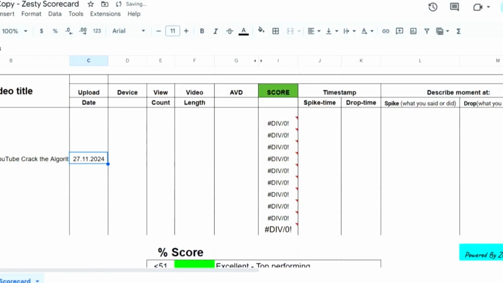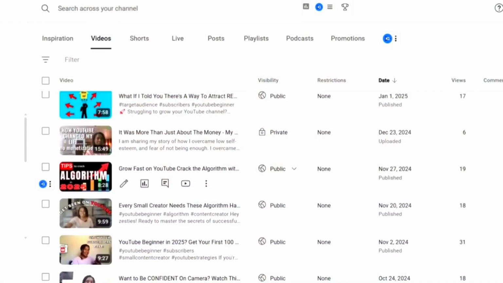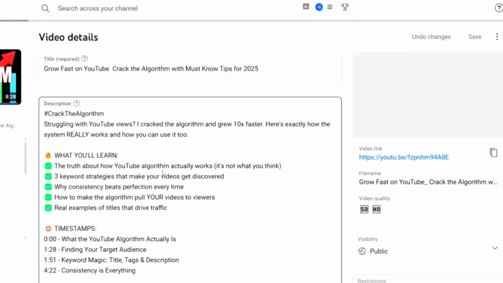So if you look at this example that I put for my video, it's turned orange. Orange simply means that it's near performing, its potential is really high, and so I could use it as a matrix. So what I'll do with that video, I'll go back to my YouTube analytics and click on the content and go to the actual video.